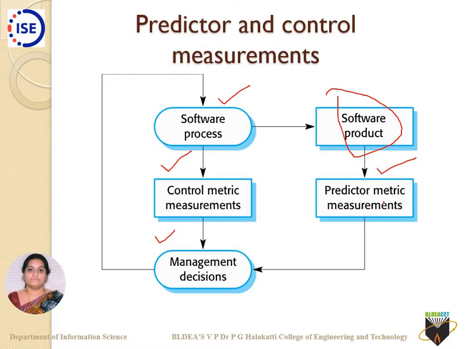Through these metric measurements, a lot of changes come to the management decisions. These management decisions directly affect the software process, and any change in a management decision ultimately affects the software process through the control metric measurements. So this is with your predictor and control measurements.